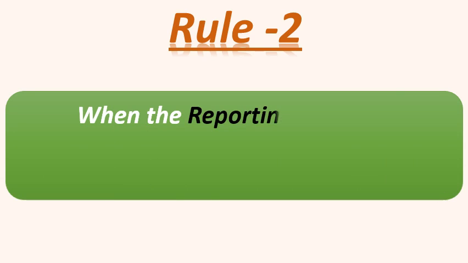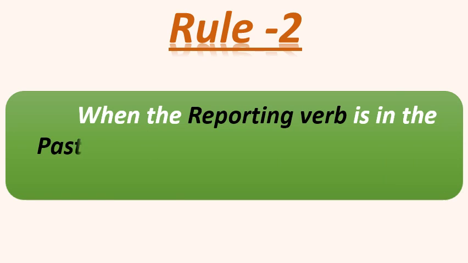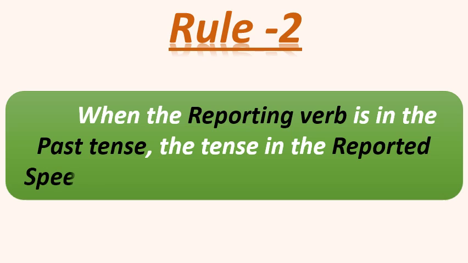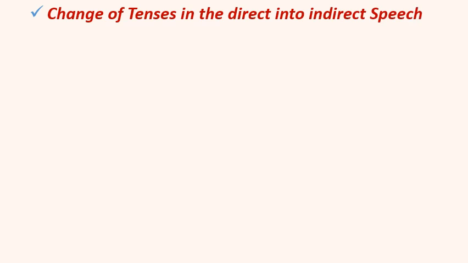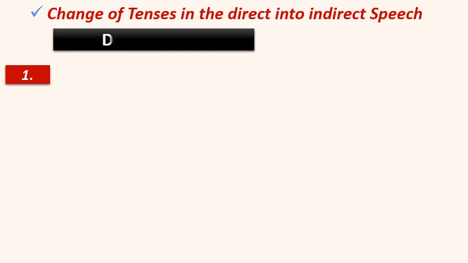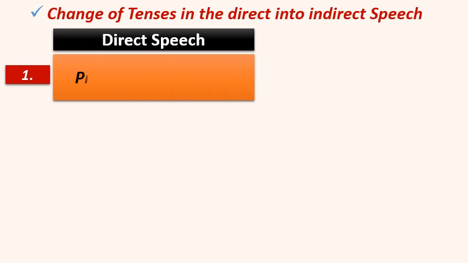Now let us move to another rule, that is rule number 2. When the reporting verb is in the past tense, the tense in the reported speech is also changed into past tense. So let us see change of tenses in the direct speech into indirect speech in case of reported speech.